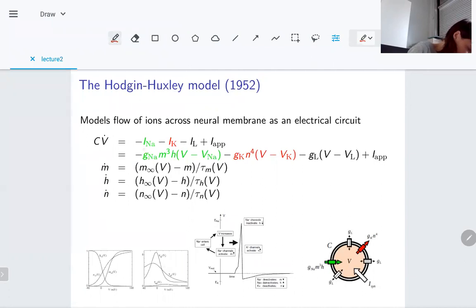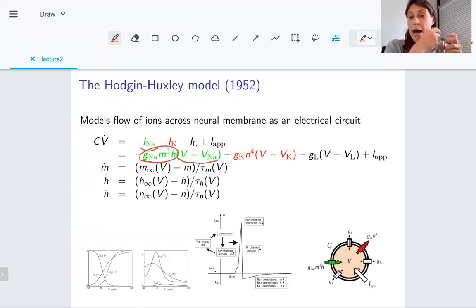So the sodium current is modeled as the product of a conductance times a voltage.